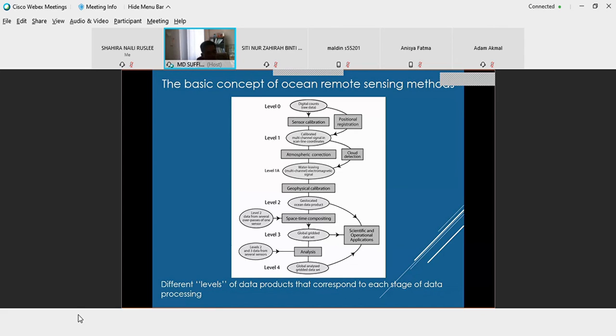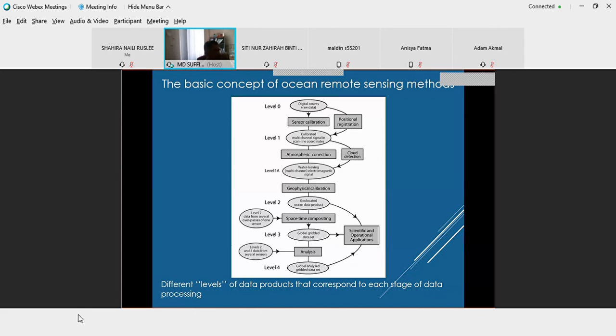You tak boleh dapat 1 km. Kalau you nak juga 1 km resolution, you kena buat analisis sendiri daripada level 2 ke level 3. Tetapi kalau default produk yang you download daripada website level 3, resolution is between 4 to 9 km.